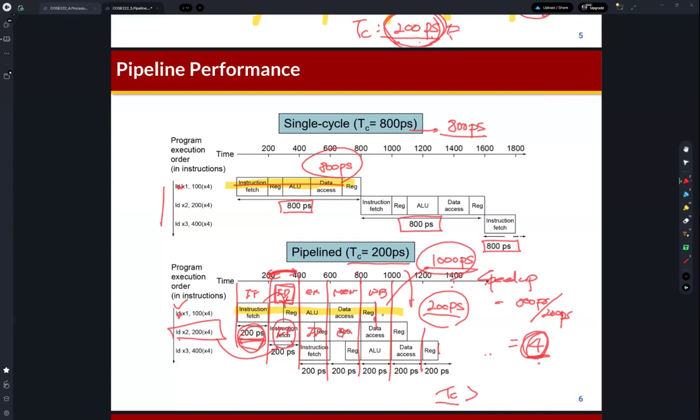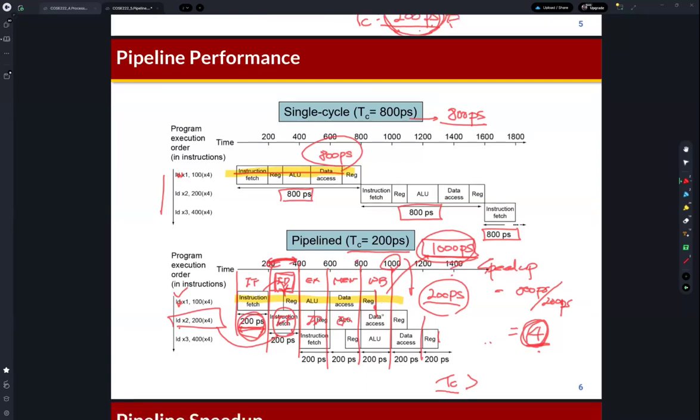you know this is the system. Then we need to compute the time using the clock cycle, right? So the clock cycle completes at 1000 picoseconds. In order to complete one load instruction, it will take 1000 picoseconds. So latency is the same, or the latency can be increased if the pipeline stages are not balanced, right?